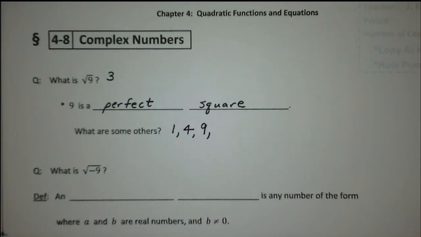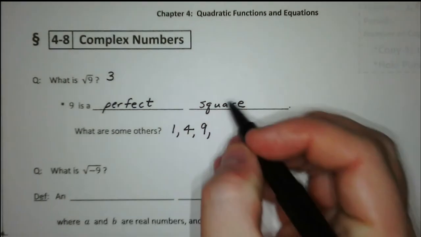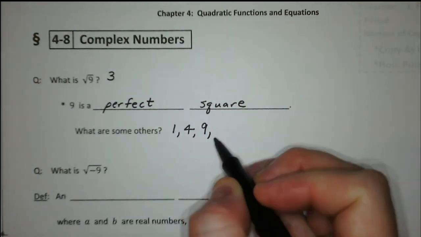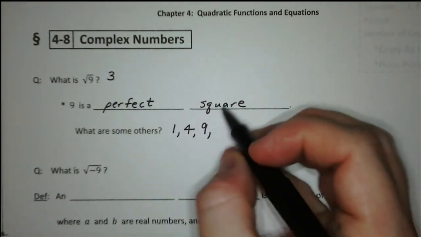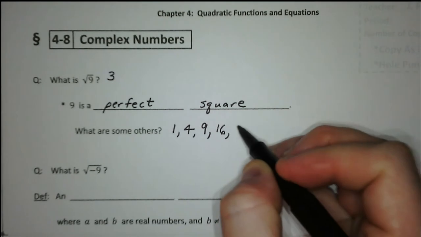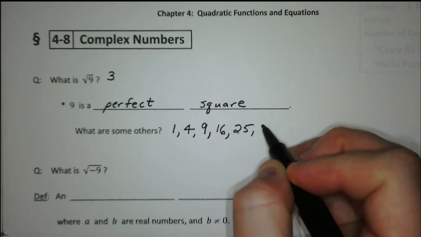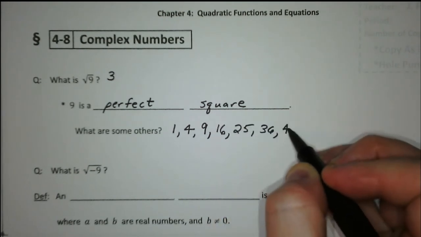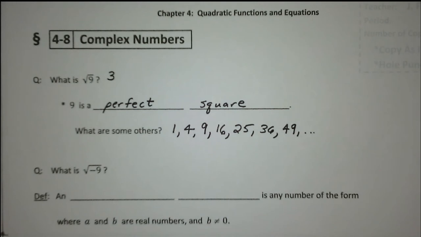So those are the first 3 perfect squares. The next biggest perfect square would be whatever 4 squared is. So 16, and then 25, and then 36, and then 49, and it basically keeps going forever.